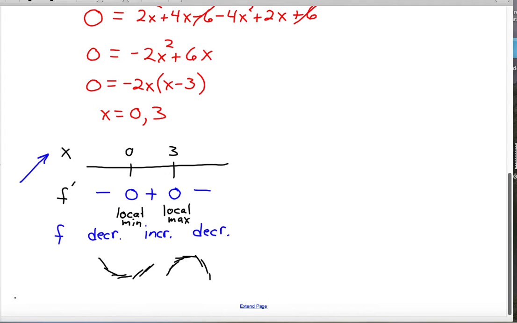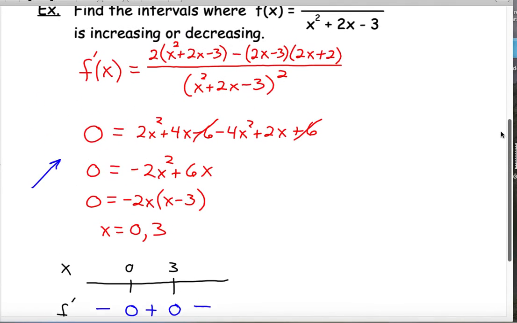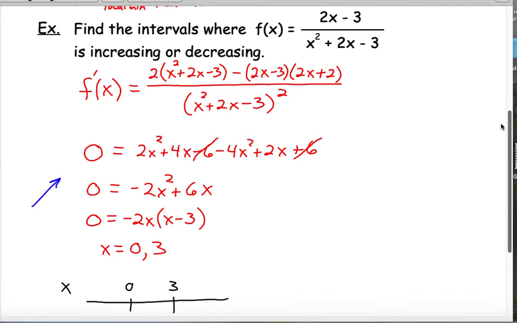However, we're not done. I'm not ready to write where it's increasing and decreasing, because this function was a little more complicated. What's the domain of this function? Well, we know we can't divide by 0. So anything that would make the denominator 0 is not in the domain.